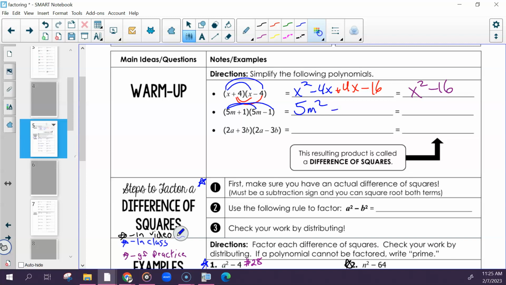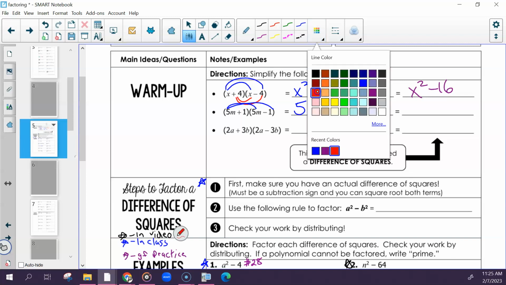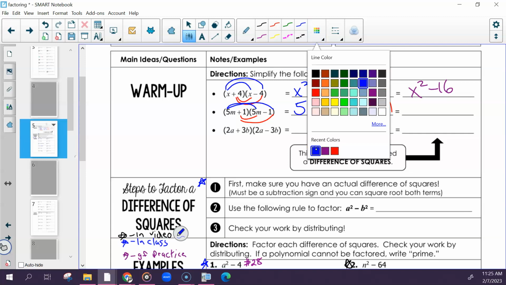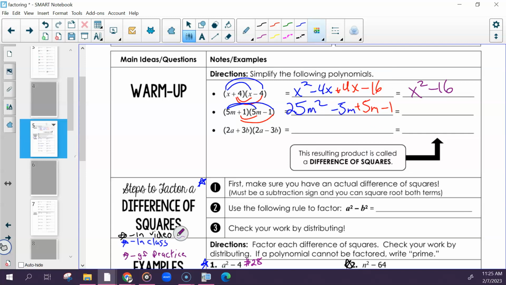Negative 5m. 1 times 5m. 5m, positive this time. And 1 times negative 1. Negative 1. So again, same thing happens. This should be 25, not 5. But, so then the insides or the two middle terms cancel each other out, just leaving 25m squared minus 1.